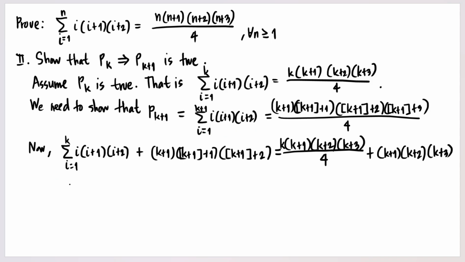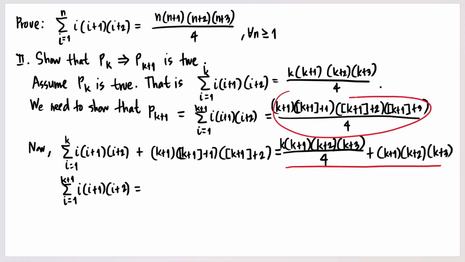We will have the summation from i to k plus 1. So we can see that we have achieved it on the left-hand side. Now we just have to simplify this to make it look like this.